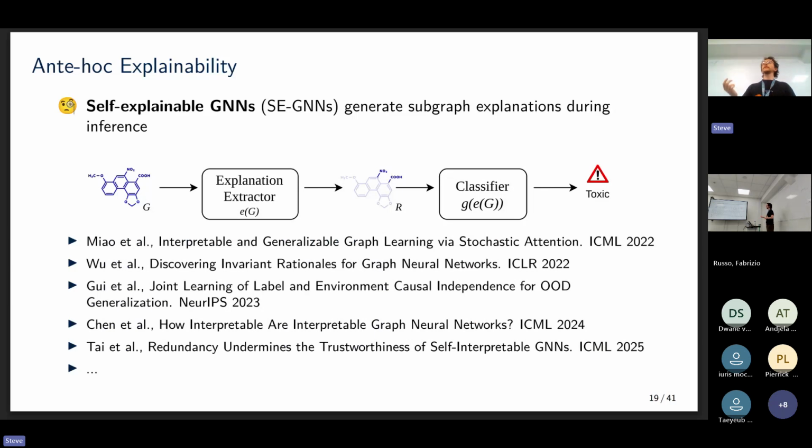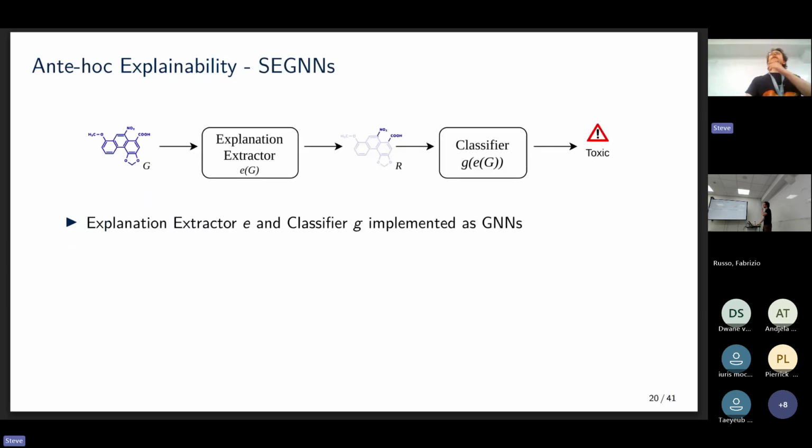I can tell you that this framework, this pipeline, got quite popular and got extended in many different ways over the last few years. Just to give you an idea of how this architecture is implemented, both modules, the explanation extractor and the classifier, are implemented as graph neural networks, where the first one predicts the importance of each edge or of each node.